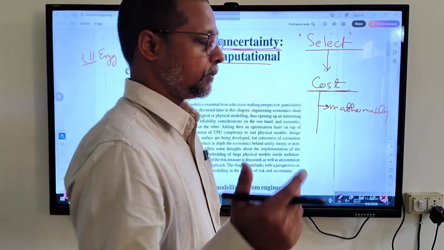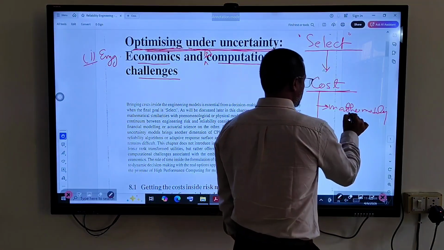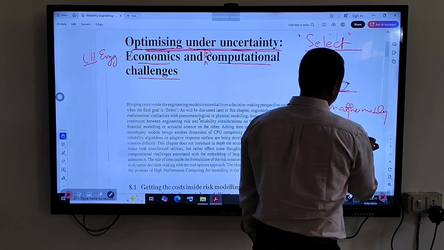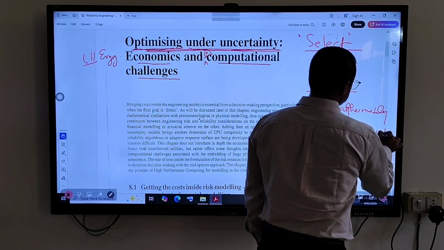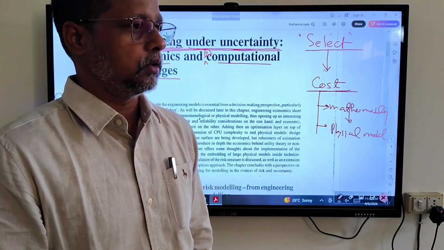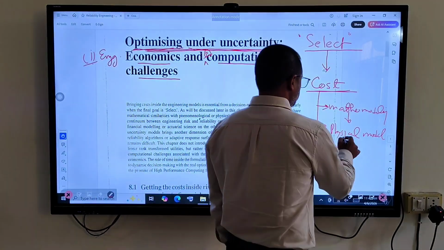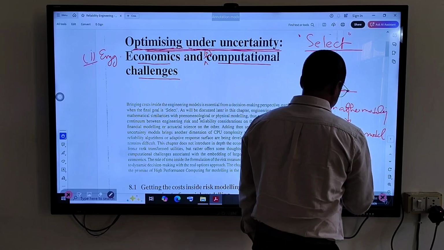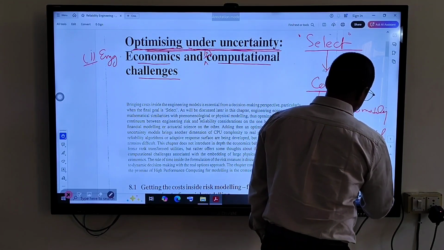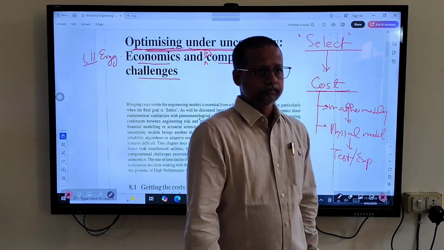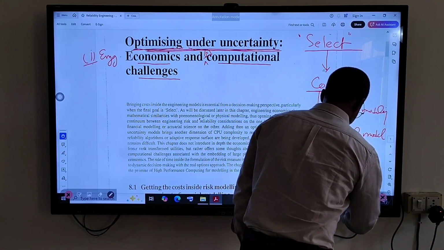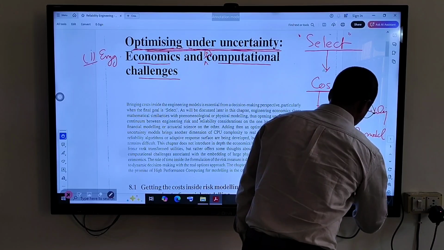Now, to verify it further, the next step after the mathematical model, we go to understand the physical model of the system. Physical modeling. To verify physical modeling, what do we do? We go for a certain kind of test. Correct? In layman's language, we call it experimentation. If that's okay, then we go for a full-scale prototype.